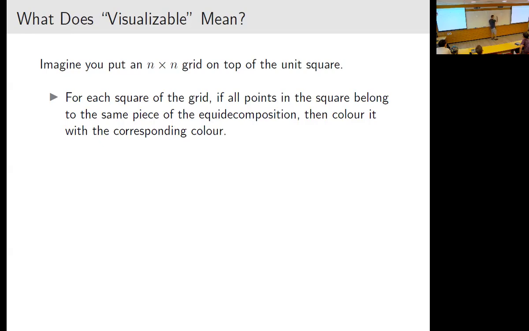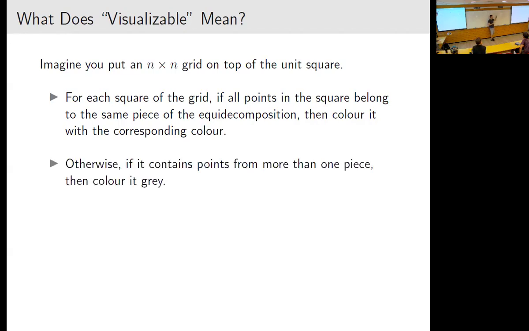So if every single point in this square is blue, I make it blue. Of course, that's not going to be the case for all squares. If this square has some blues, some reds, some greens inside of it, then I cannot determine the color of that pixel, so I'll just color it gray. Of course, if n is small, it's going to be all gray.